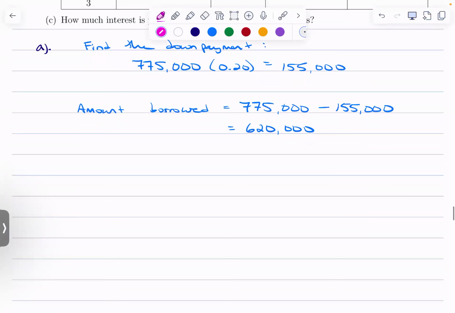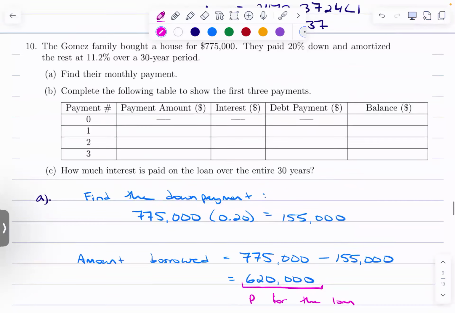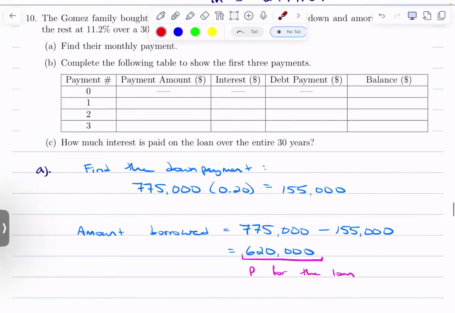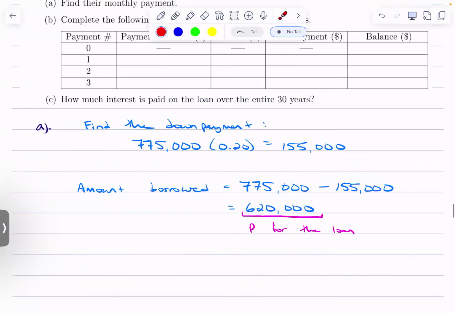So this is going to be our P. P for the loan. That's how much they're paying off. So when we're finding their monthly payment, really what we want to do is use the 620,000 as our P, right?